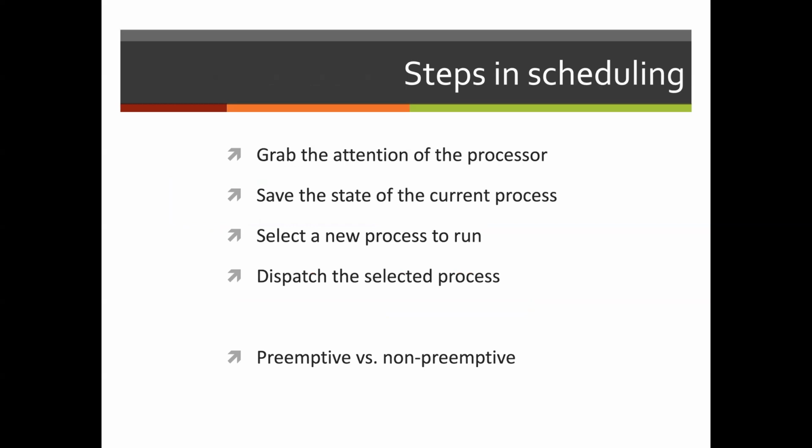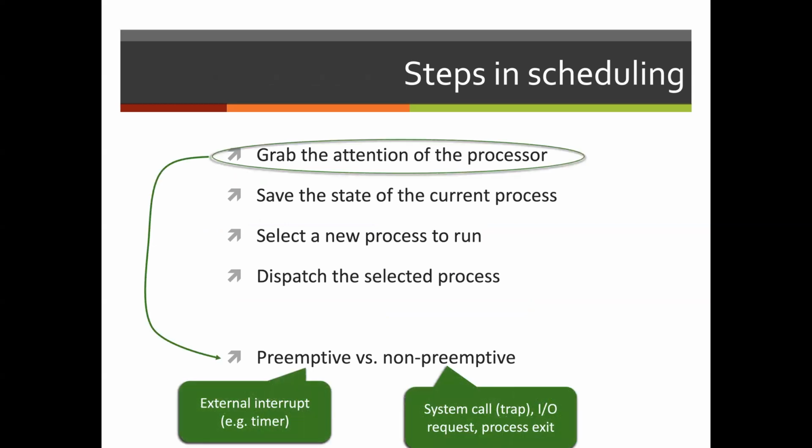And so the appropriate steps in scheduling vary. You want to be able to divide appropriate processes into either non-preemptive or preemptive scheduling tasks. And so preemptive means that they need external interrupts, and non-preemptive means that they are representative of either system calls, IO requests, or process exits.